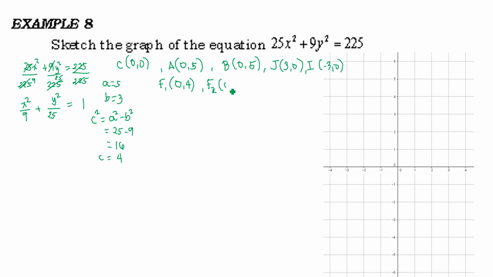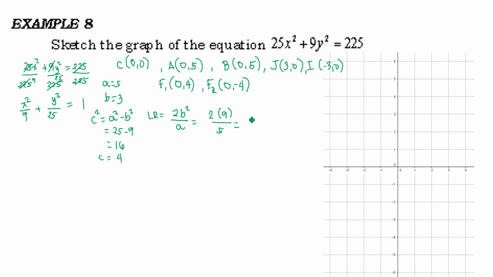Now, for the length of the latus rectum, then we have LR is equal to 2b squared over a, which is equal to 2 times 9 over 5, which is equal to 18 over 5.